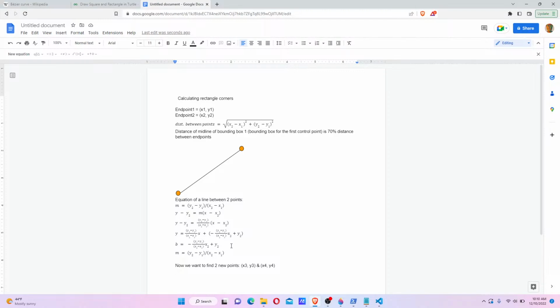Which direction should it go in? We want the difference between the distance between the points. So, how to find the distance between the two? Oh, so this thing.